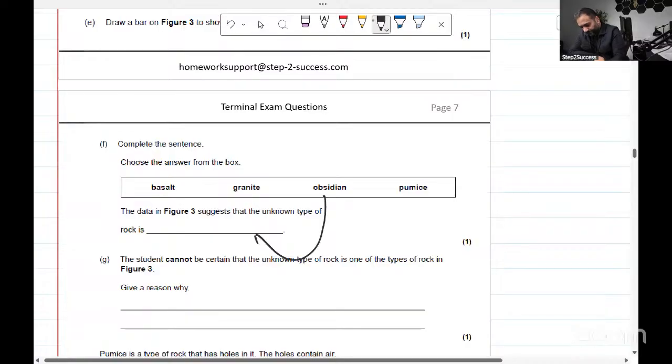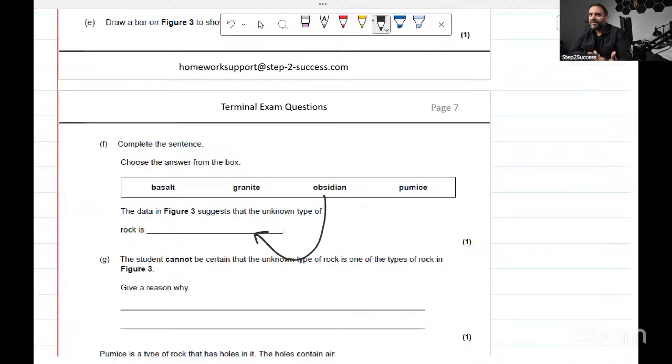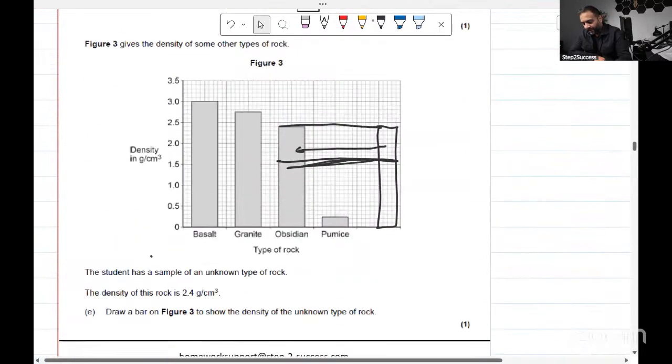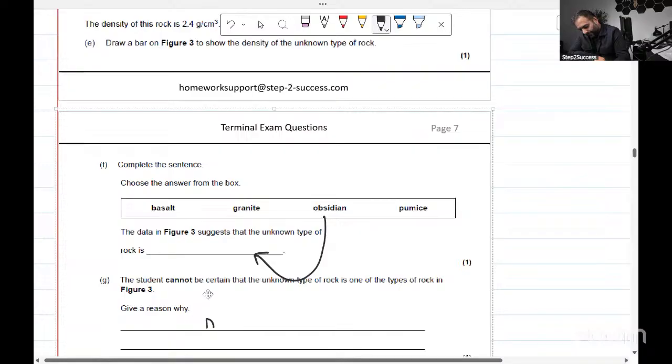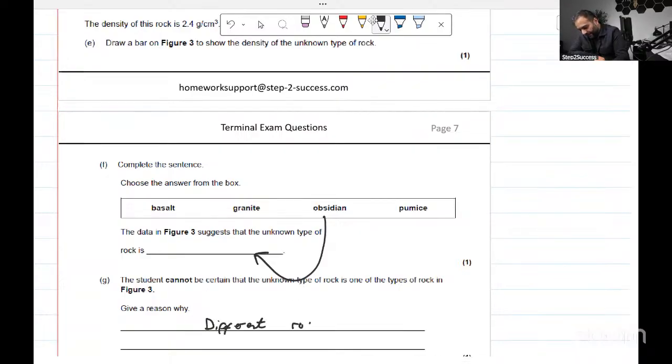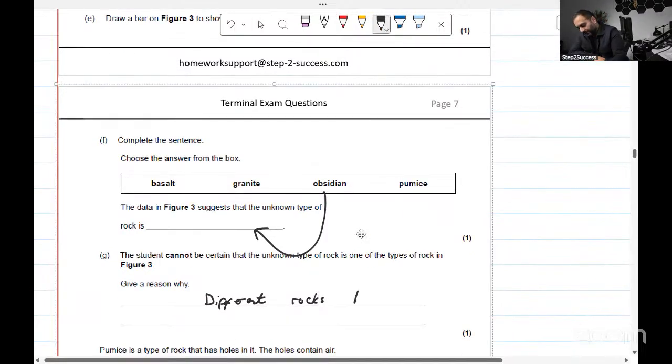You cannot be certain though. Why? Because different rocks might have the same density. Just because you've got the same number here doesn't mean exactly the same rock. It's just a measure. It doesn't mean that it's unique. It can be that different rocks have the same density.